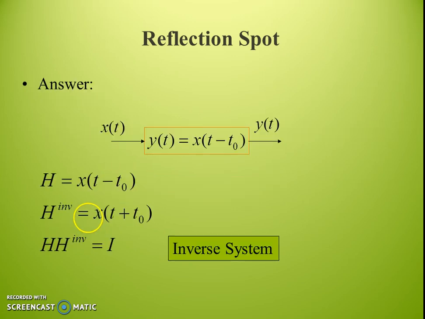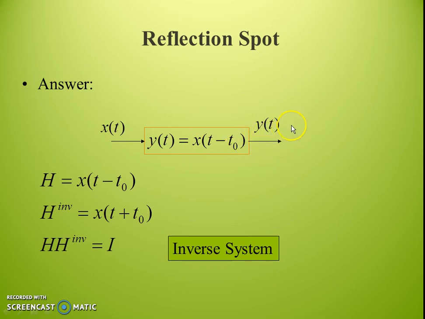Alright, so we can see that according to this system, input is provided to the system, and the operation being done by the system is that it delays the input by an amount t0. So we get the output y of t as x of t minus t0.